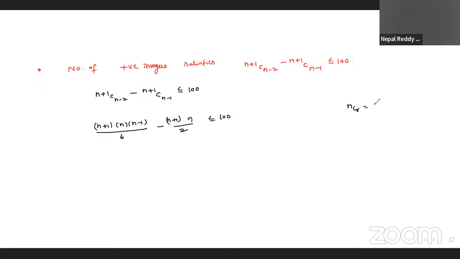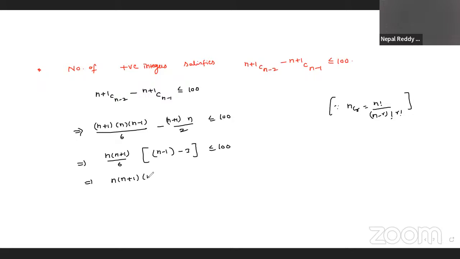By the formula nCr equals n factorial by (n minus r) factorial into r factorial, using this property, you will get this result. Here, if you take n(n plus 1) divided by 6 common, what happens? (n minus 1) first, and then minus 3, which is less than or equal to 100. Now you will get n(n plus 1)(n minus 4), which is less than or equal to 600.